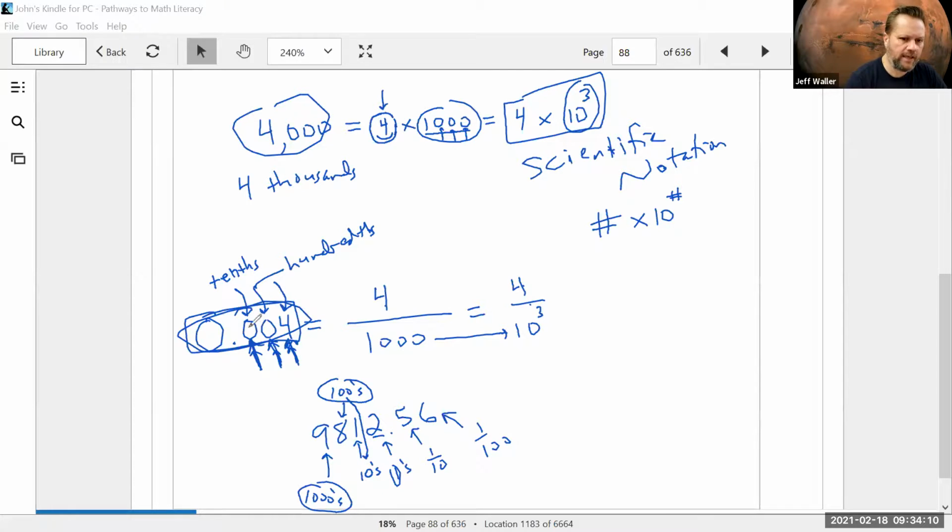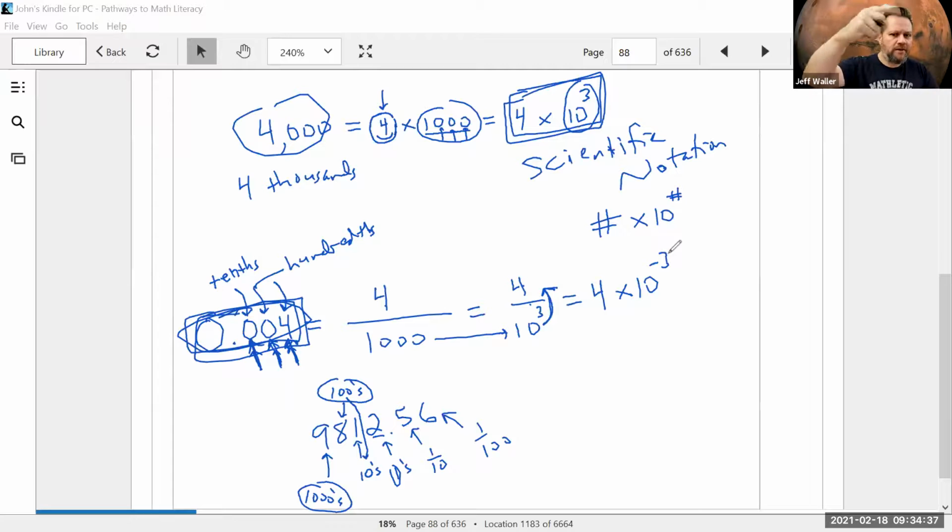I can't make 0.004 become 4,000. I can't do that. But what if I brought this back up top to make it look more like this? If I bring this up, what has to happen to the power? It becomes a negative. The negative reminds me that it actually wants to be on the bottom.